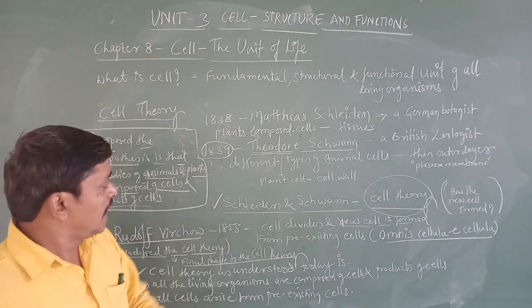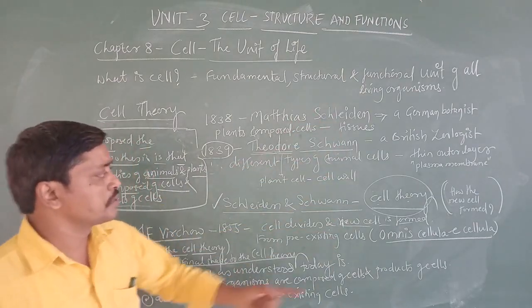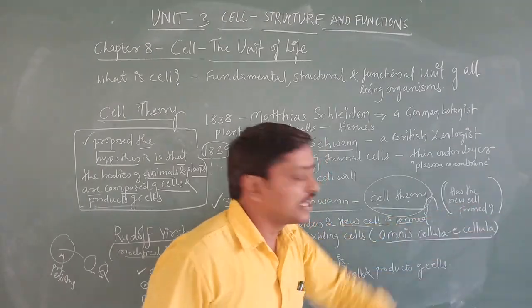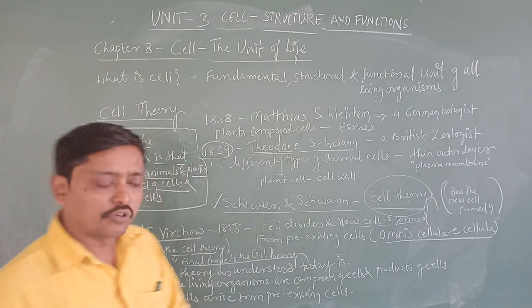Afterwards both these scientists together proposed the cell theory, but they failed to explain how the new cell is formed. In the sense, they did not explain anything about how the new cell is going to form.